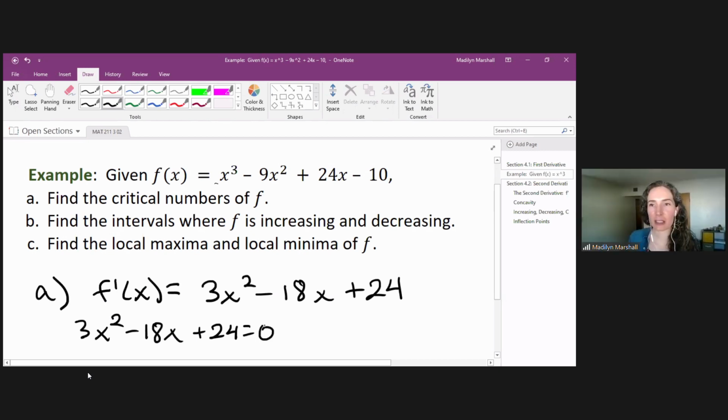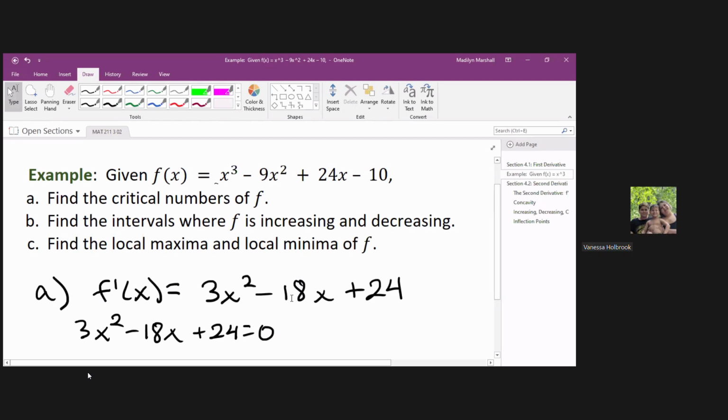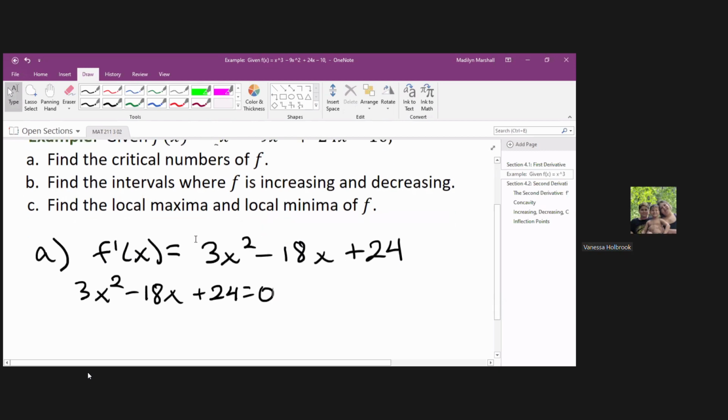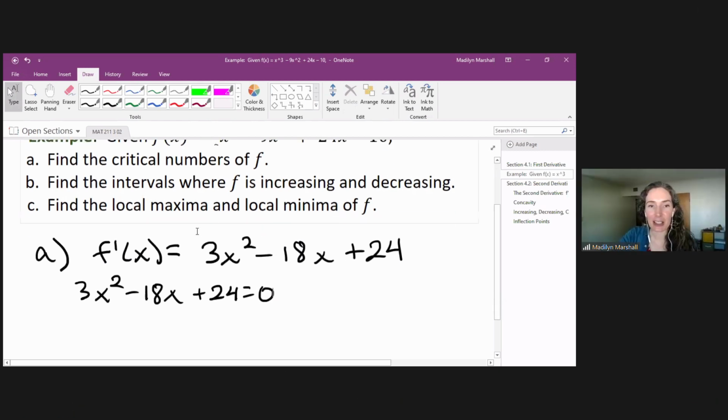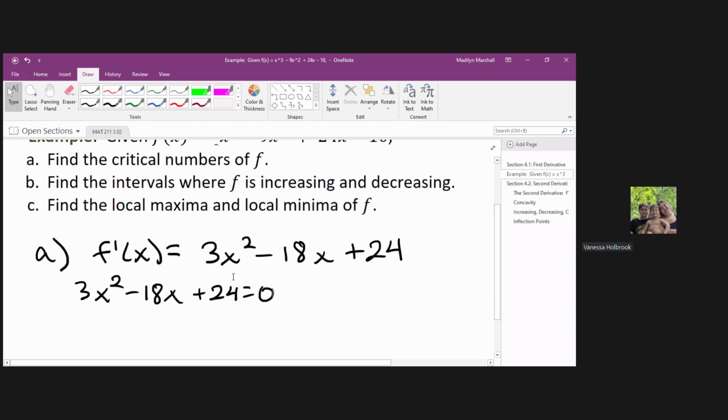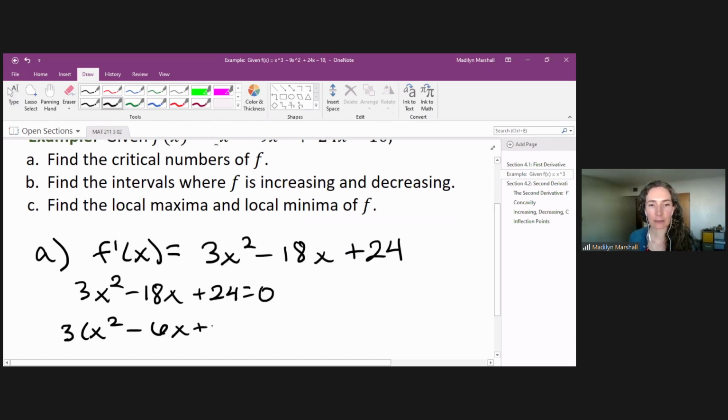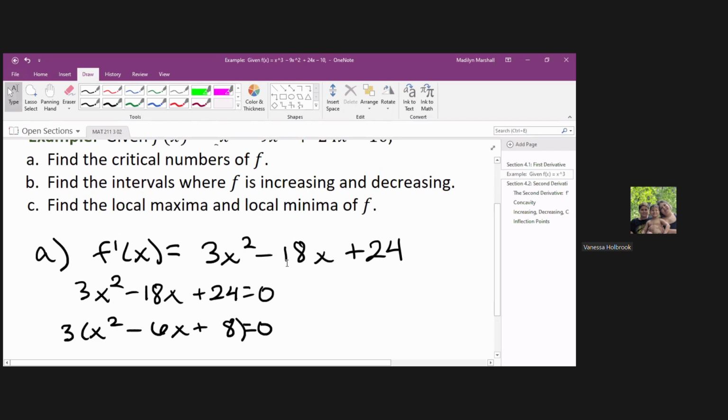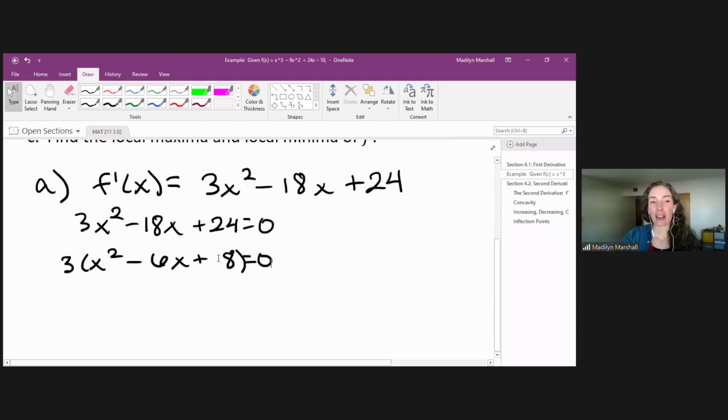Critical numbers are where the derivative is either 0 or not defined. This derivative is just a quadratic. There's nowhere where this is not defined. There's no denominator or anything like that. So we will just set it to 0. And we can factor out that 3, and now that 3 can just go away.